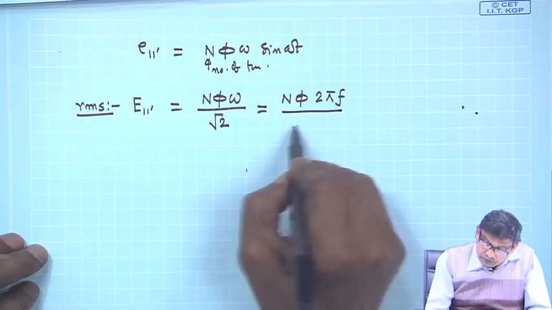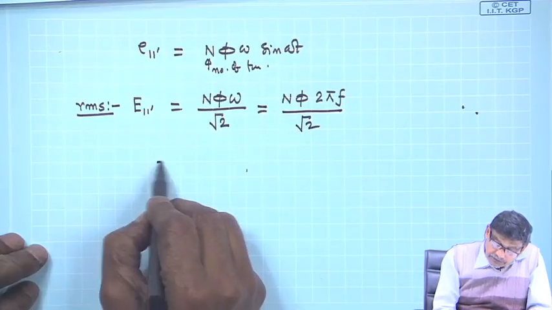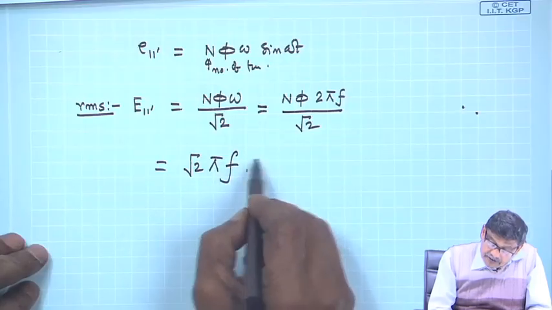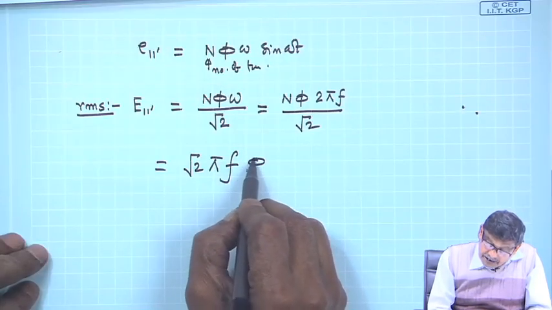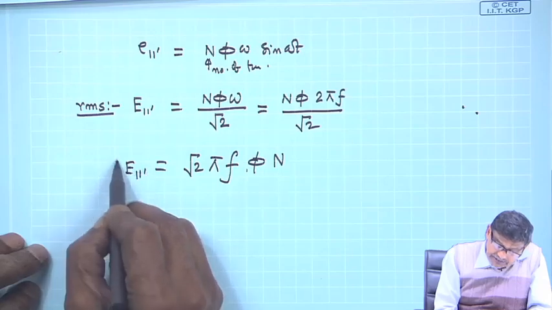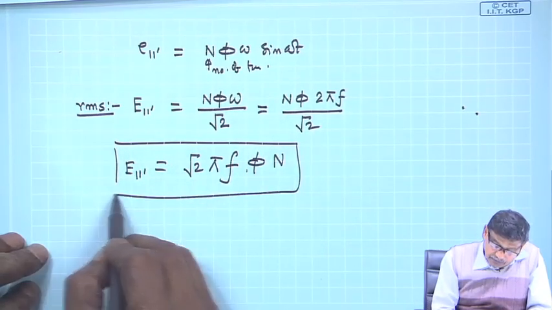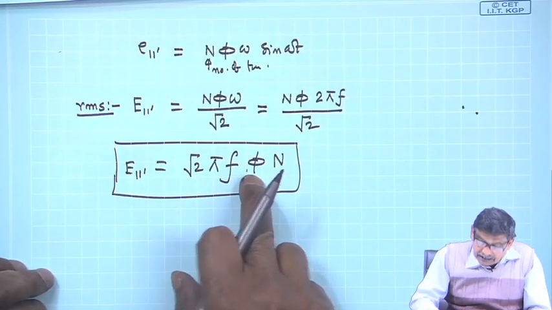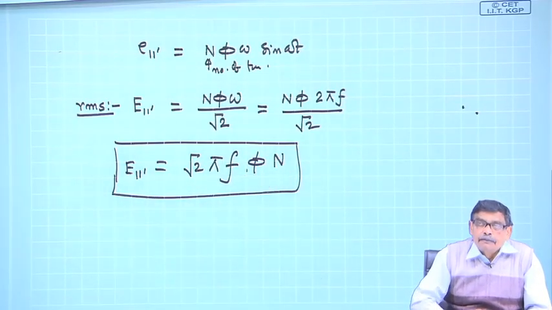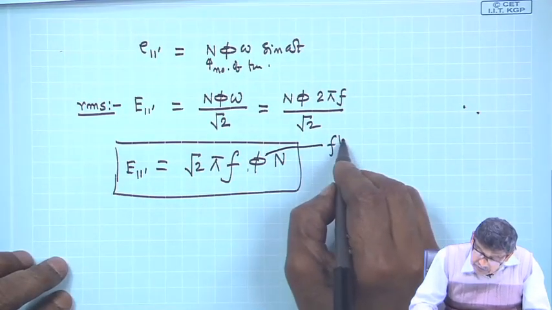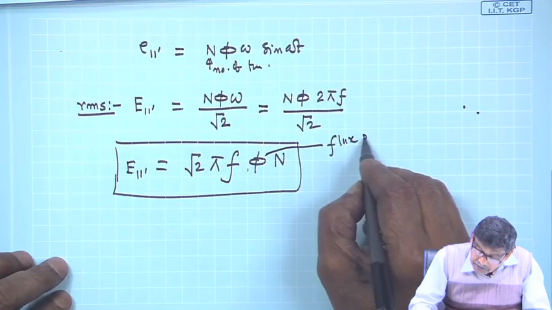So, it will be equal to root 2 pi f phi into n, an expression which is similar to that of a transformer. Why am I telling similar? Because in transformer it was phi max, but in case of rotating machine it is flux per pole.